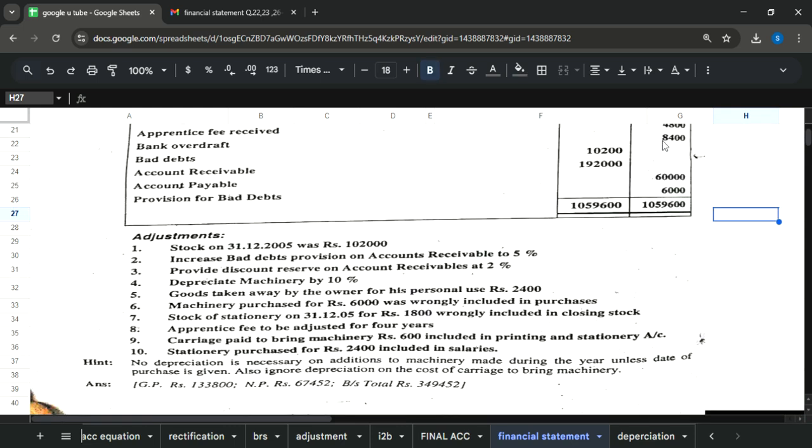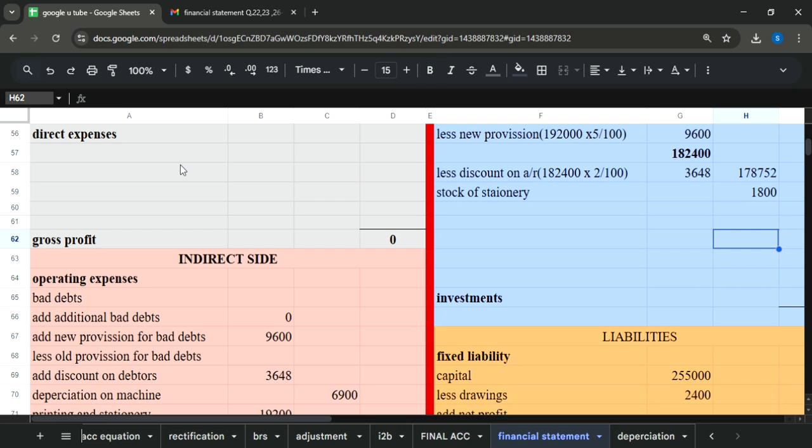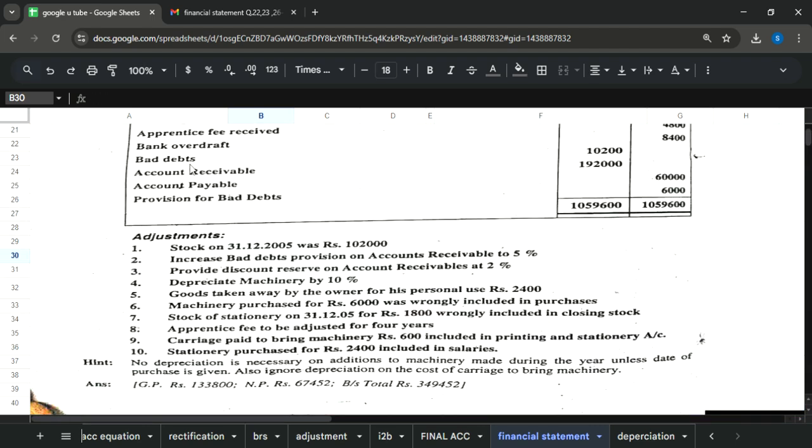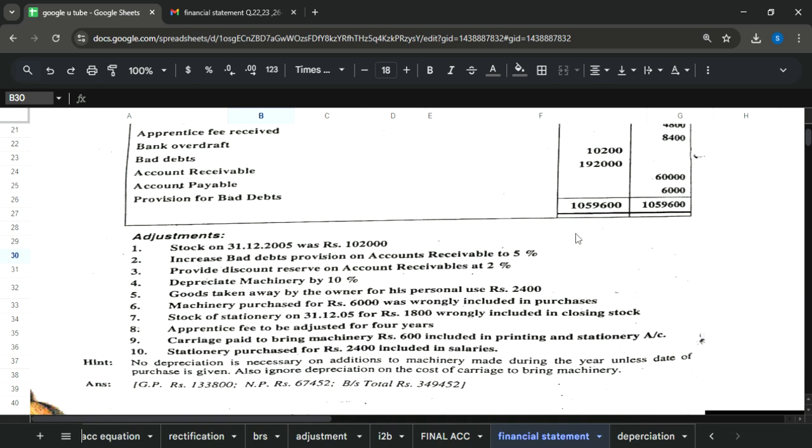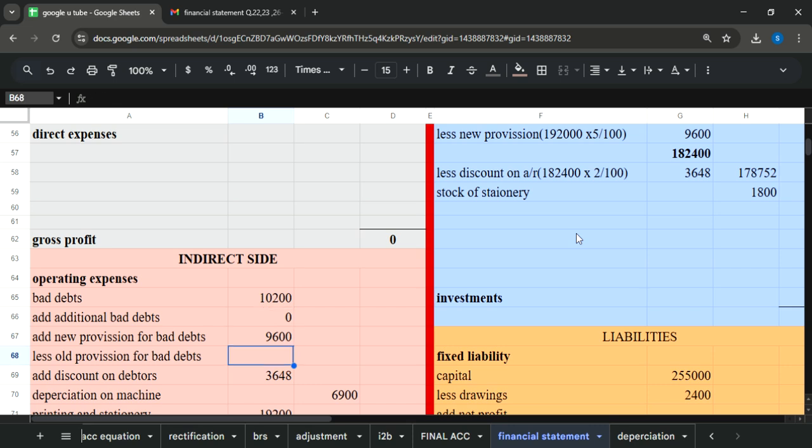Alright guys, then we have bad debts 10,200, and its place was also reserved. Bad debts 10,200. We have accounts receivable 192,000. I think we have mentioned it. Look here, 192,000. Then we have provision. It's an old provision 6,000. It was also mentioned. So better to write 3,648 over here so that it should not be mixed.